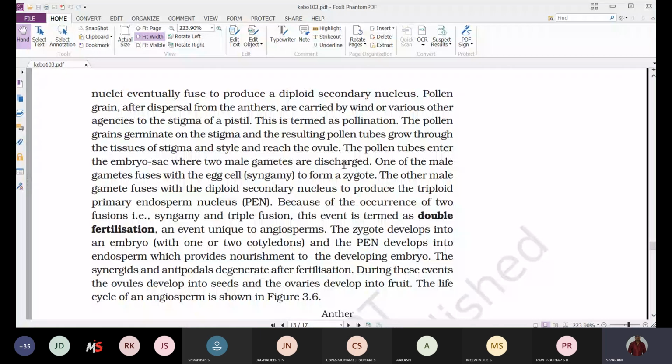Those two male gametes pass through the pollen tube and finally reach the ovule, and the pollen tube enters the embryo sac, and the two male gametes are discharged into one embryo sac only.